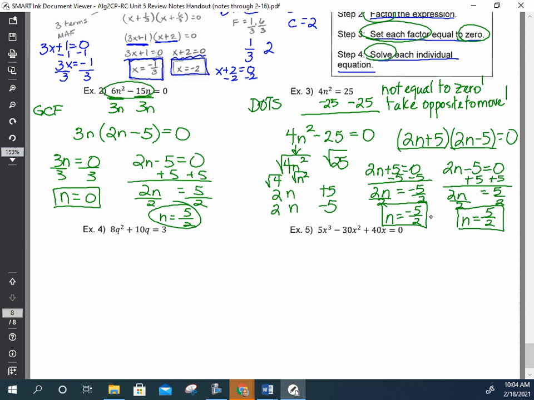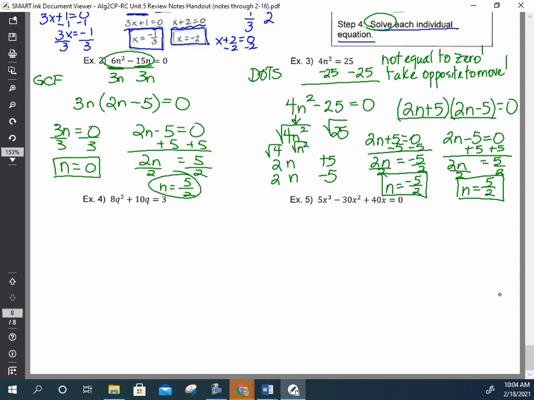All right, not hearing any. Let's move to example 4. So example 4, 8q to the third plus 8q squared plus 10q equals 3.